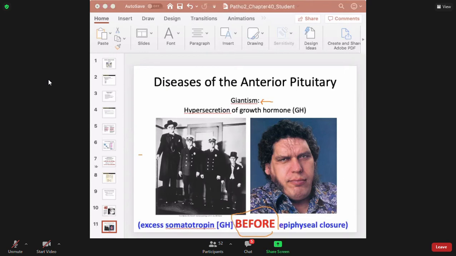And he suffered from giantism, right? Having this hypersecretion of growth hormone. Okay, so start thinking to yourself, if you have growth hormone being excreted in excess, and it's acting not just on the long bones, it's acting even on the soft tissue, what do you think is going to happen to these patients after a while? What do you think is going to happen to the other organs and organ systems?